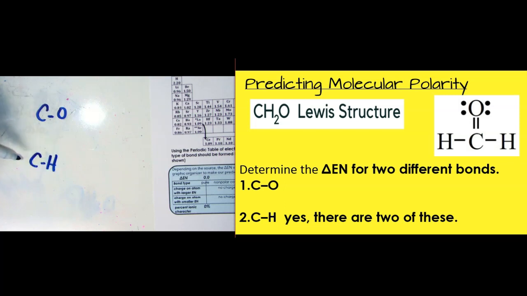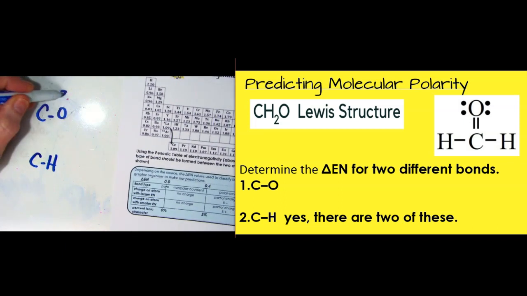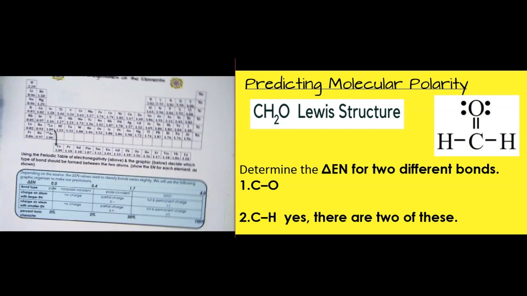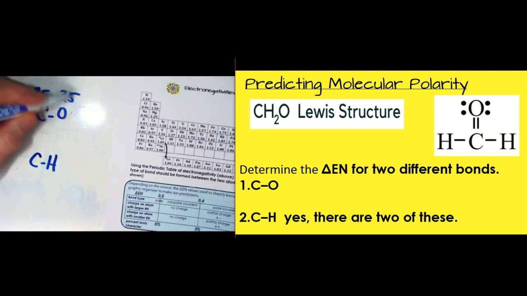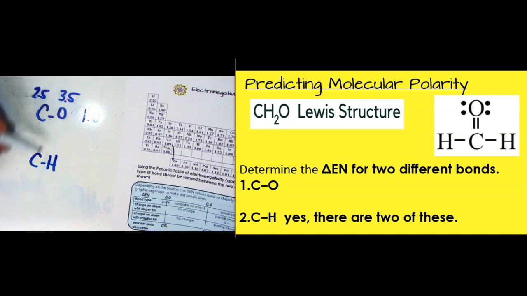Now I know I have 2 different bonds that are carbon and hydrogen. Oxygen, when we look at this number, is a 3.5. And carbon, when we round it, and we can round this because sometimes you only use 2 decimals, is 2.5. So 3.5 minus 2.5 means it's a 1.